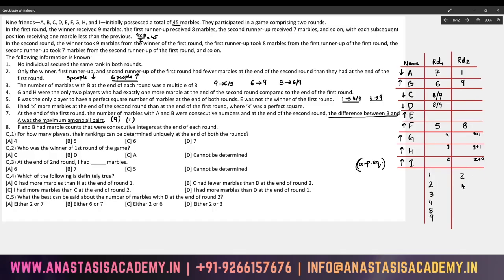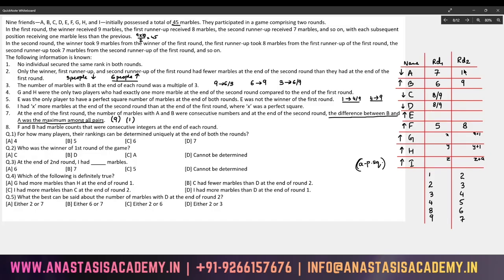We have 2, 3, 4, 5, 6, and 7. Okay. Oh, one more interesting thing. I know E's score in both the rounds was a perfect square. Point number 5: E was the only player to have a perfect square number of marbles at the end of both the rounds.